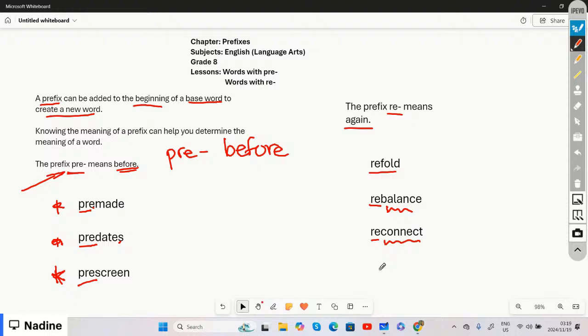Because yes, you know what the base word means, or sometimes if you don't know what the base word means, by looking at the prefix and knowing its meaning, that will basically help you to determine the meaning of the word altogether with the prefix included.